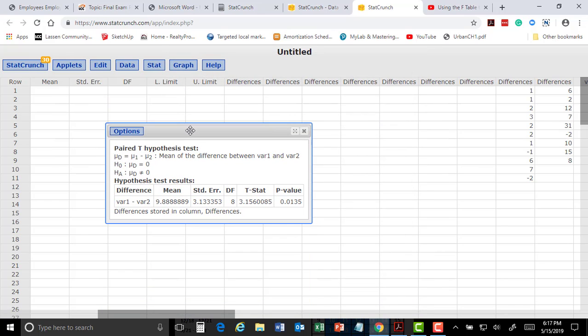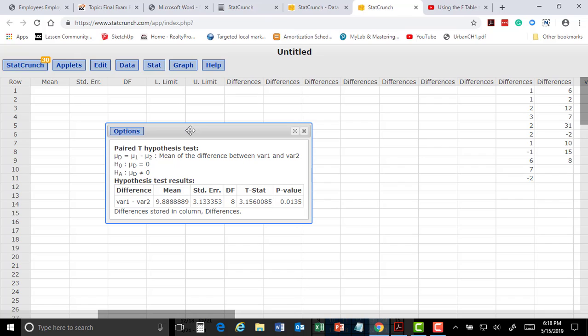Okay. So, our p-value is, this was number 10. Okay. So, I don't want my p-value.